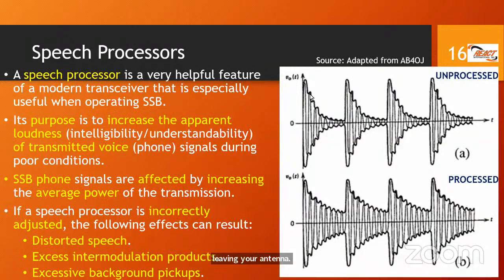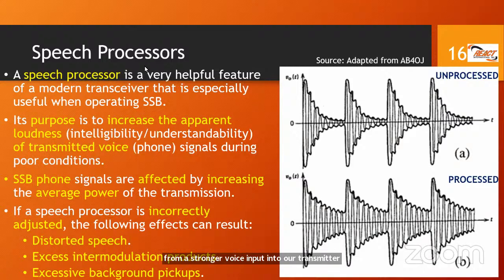If you look here, the average power is lower than the average power here. You can see that the waveform is generally higher, so we have increased the average power by virtue of increasing our voice levels. The transmitter will respond, especially in a mode such as single sideband. It will transmit a stronger signal from a stronger voice input into our transmitter.